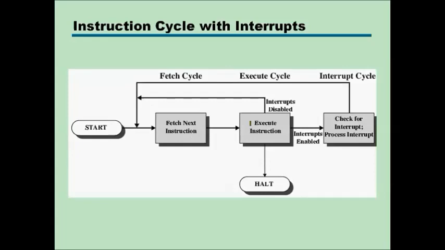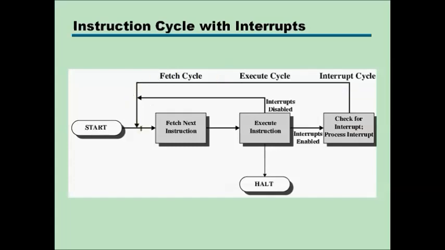So next is instruction cycle with interrupts. So this is again start, fetch the instruction, execute the instruction. If interrupts are enabled, check the interrupt and then process the interrupt. So interrupt cycle, execute cycle, fetch cycle.